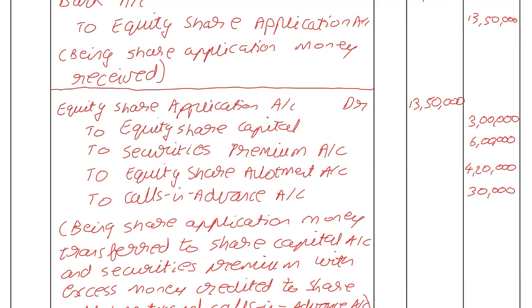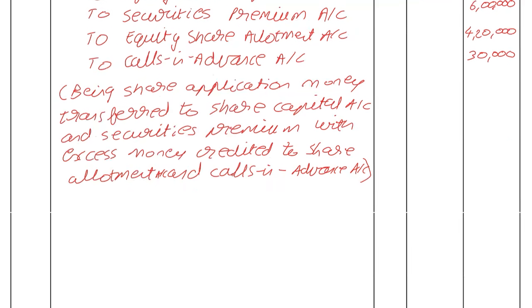For example, allotment: share allotment to share capital, bank to share allotment; first call to share capital, bank to first call; second call to share capital, bank to second call, and on and on. But in the sum, we have only till first call, and that's why we call it the final call.